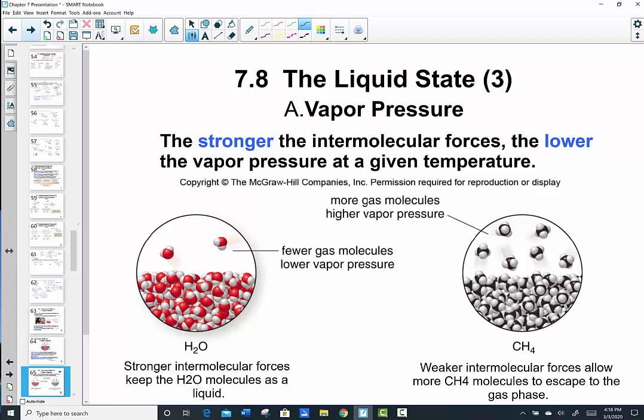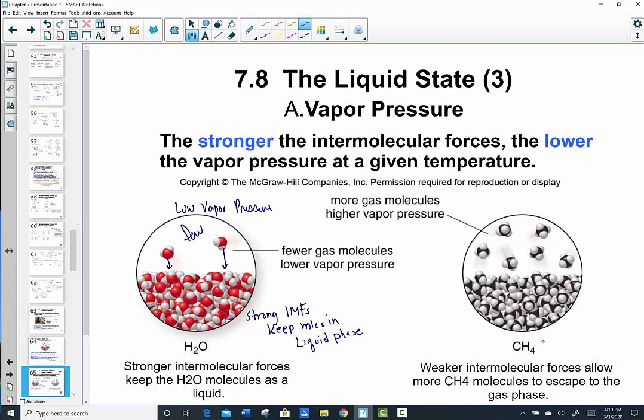Strong intermolecular attractions keep them in the liquid phase. And therefore, you have very few molecules in the gaseous phase, and so you don't have very many pushing down. So this is a very low vapor pressure.